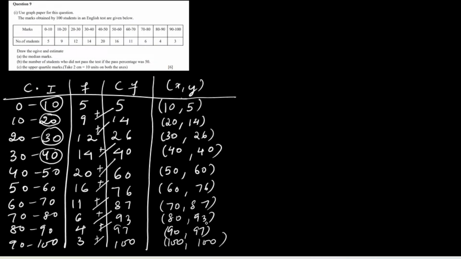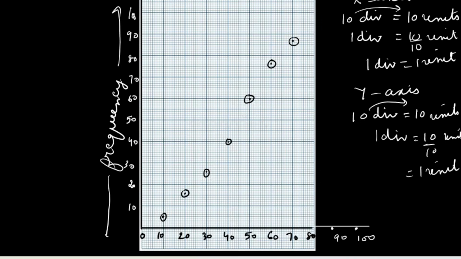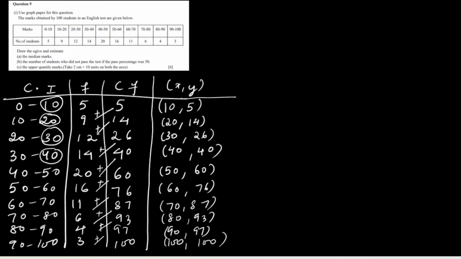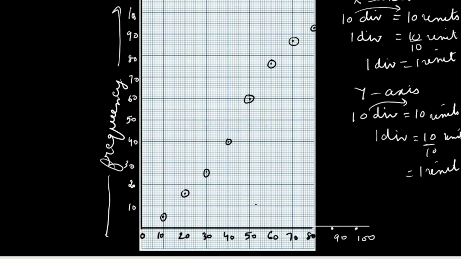Then 80 comma 93. 93 it will be somewhere like 3 units above 90: 91, 92 and 93. So here it is. Then we have 90 and 97, and 100. 97 will be 3 units above.